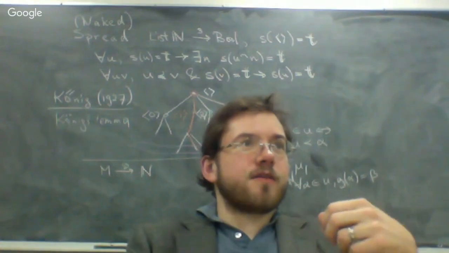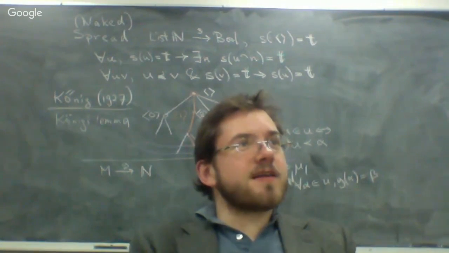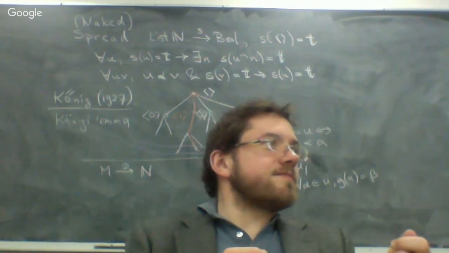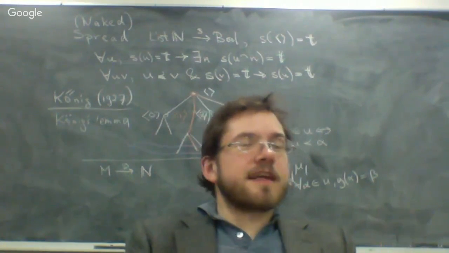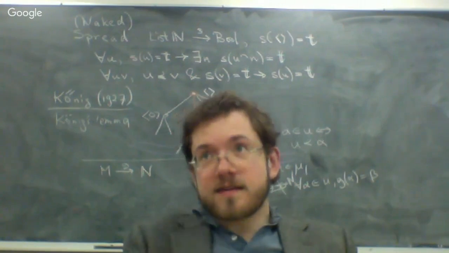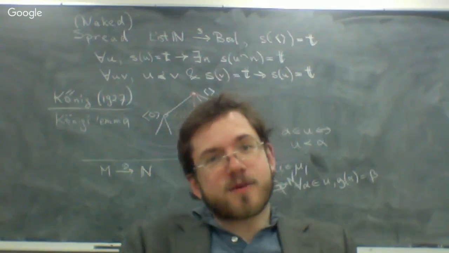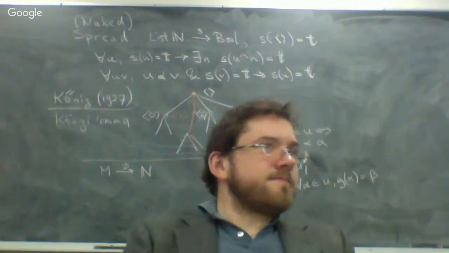So if you have a well-founded finitely branching tree, then it's finite. Right, so that's what he uses, and then we get the Fan theorem, and then we get the uniform continuity theorem.